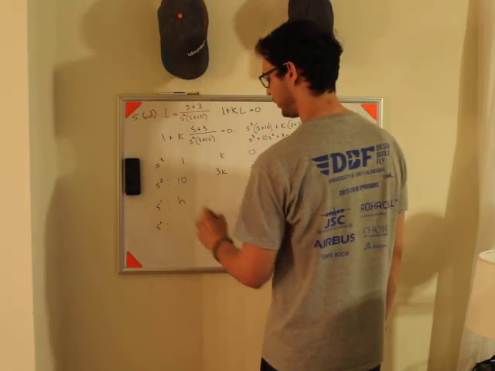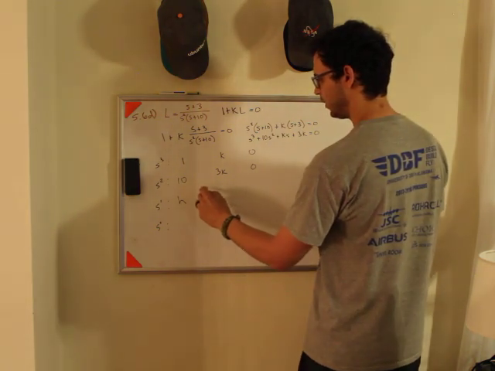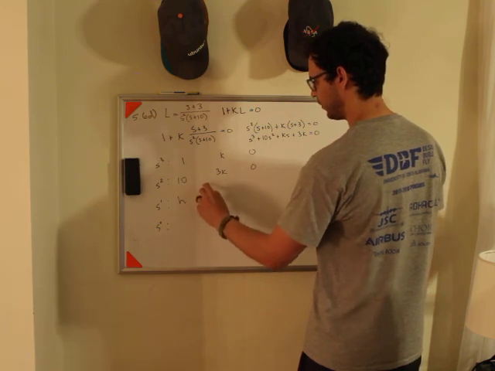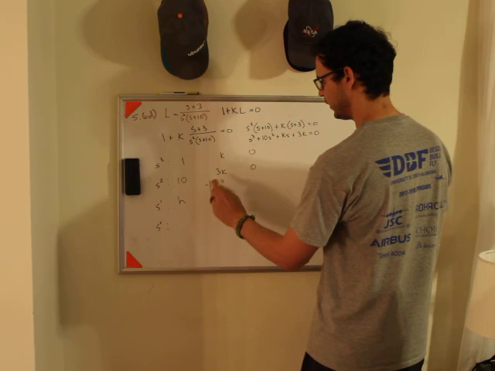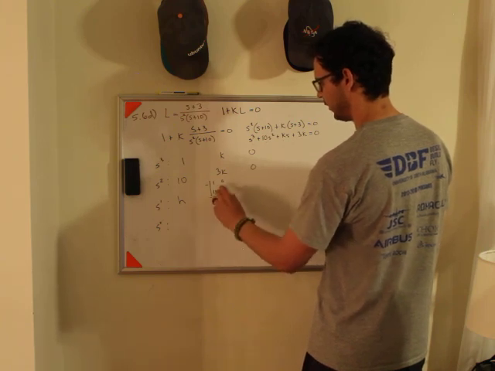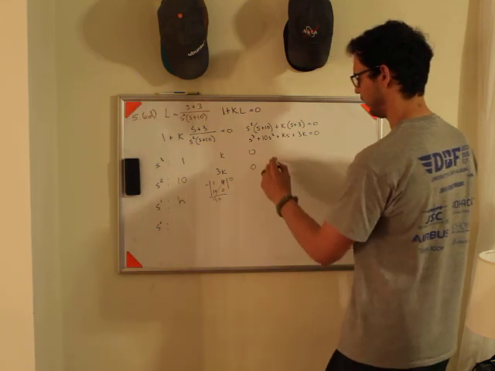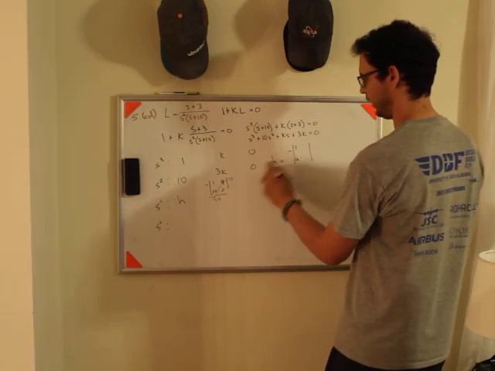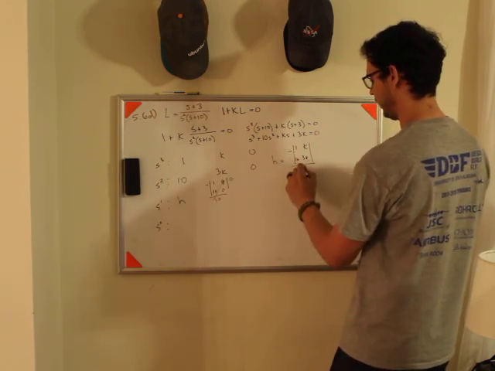We need to compute this guy, H, and we also need to compute this guy over here. I want to say this is going to be 0. You're going to get 1 and 10, up and to the right is 0, 0, all over 10. And so that whole guy is 0. I just need to get H then. So H is going to be the minus determinant of the two numbers above it, 1 and 10, and then up and to the right is going to be K and 3K, all over 10.